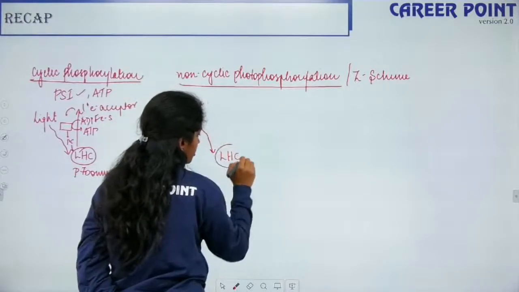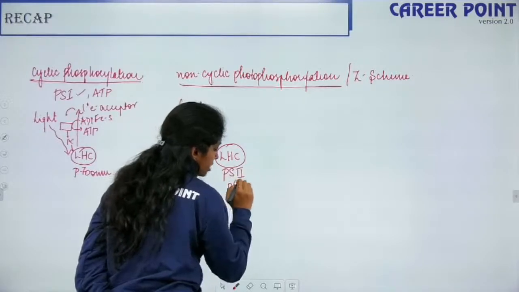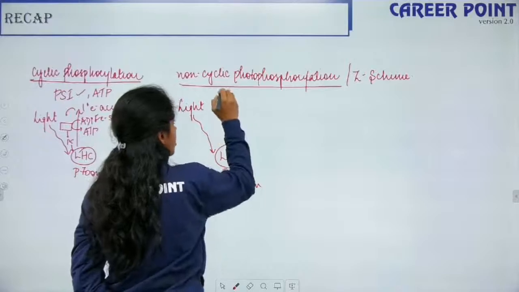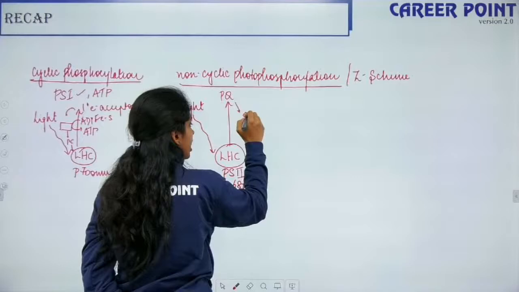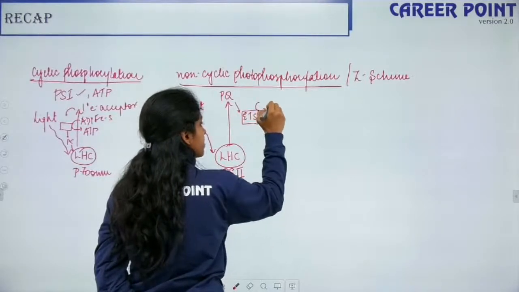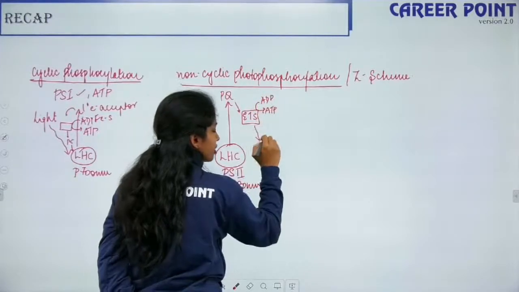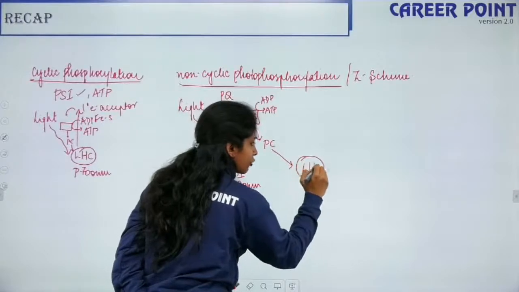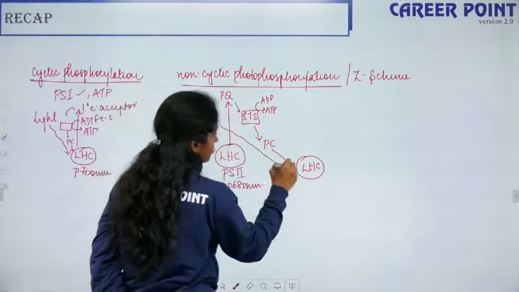Here the first photosystem that is active is PS2, and the wavelength is 680 nanometers. The primary electron acceptor is plastoquinone. Then it moves down into the electron transport system. As the electrons move down, ATP is produced from ADP. Then it moves into the plastocyanin complex and then further into the LHC of PS1. Right? So this is how it happens.